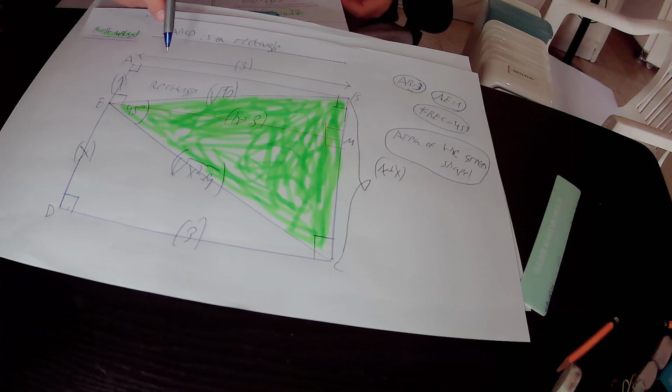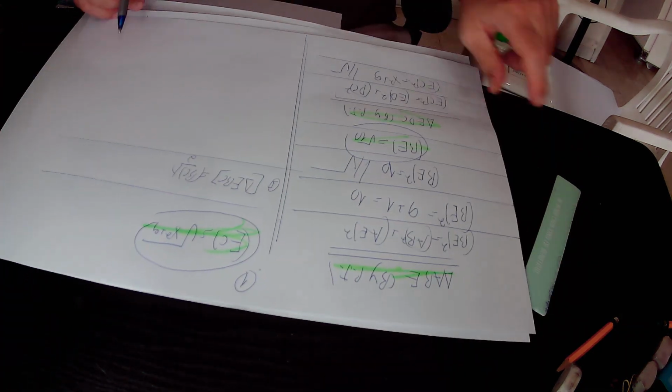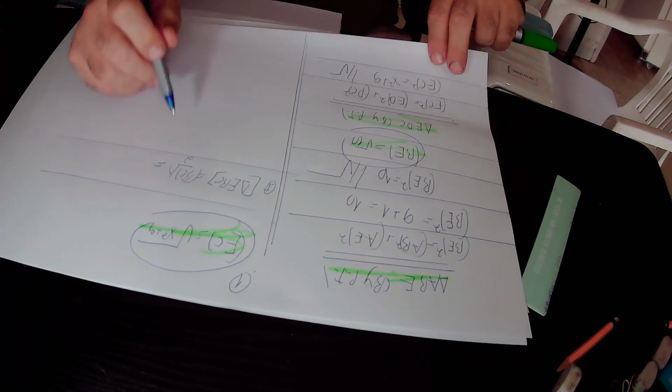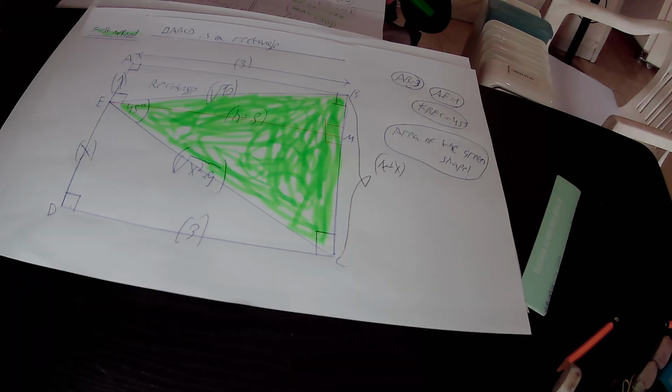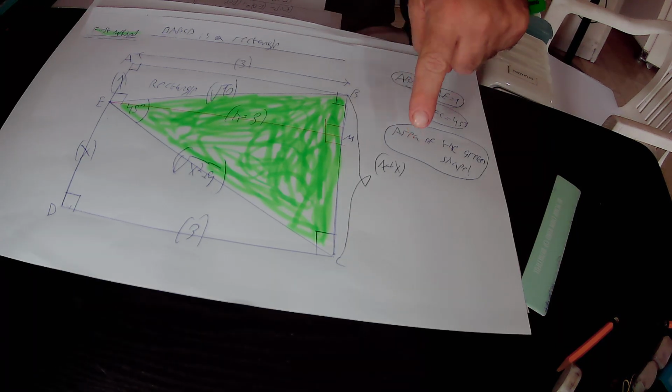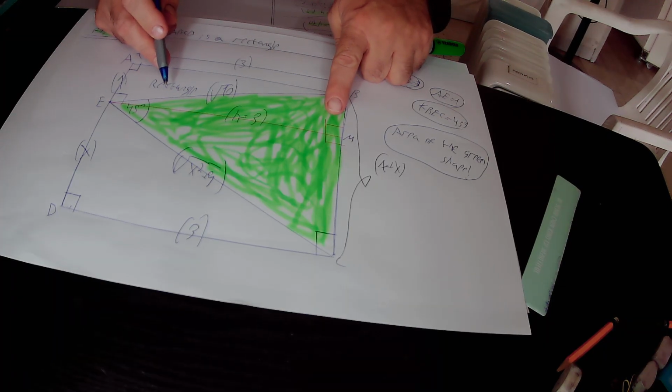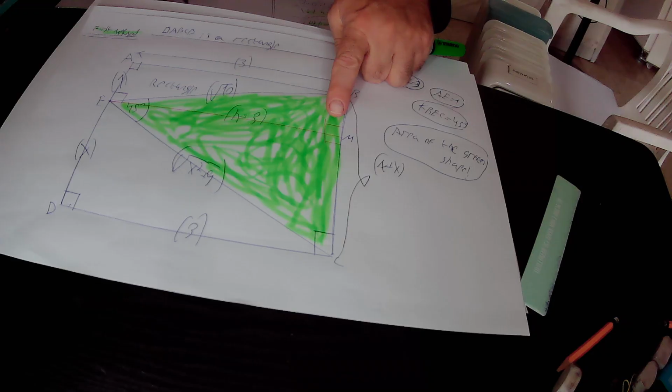So the area of this green triangle EBC according to the first method of calculation equals the base BC times the height H over 2. We found out that the base BC equals x plus 1 units in its length, and the height H equals 3 units in its length, divided by 2.